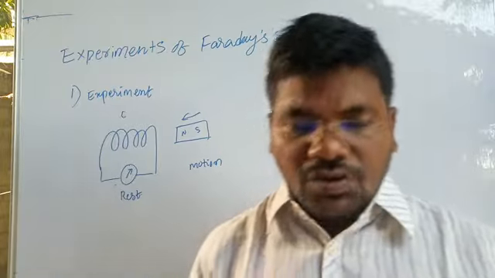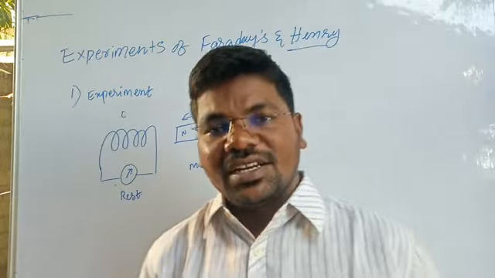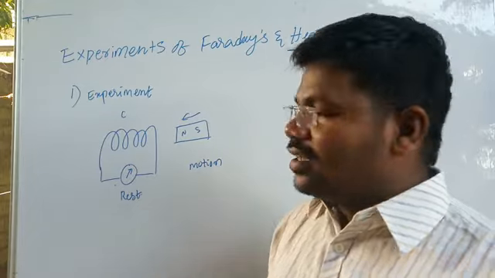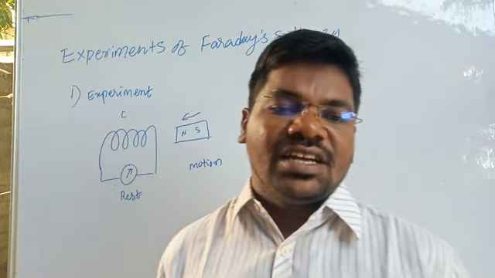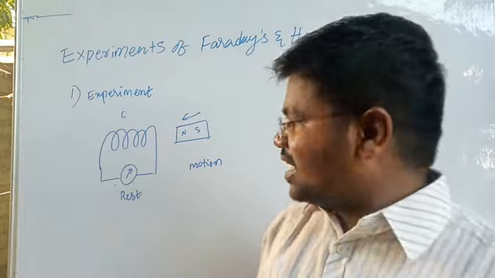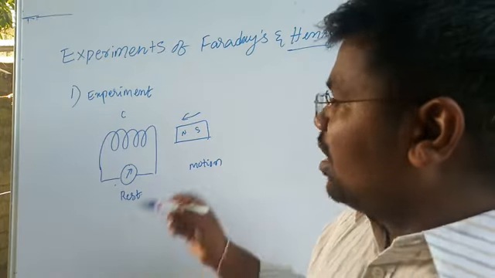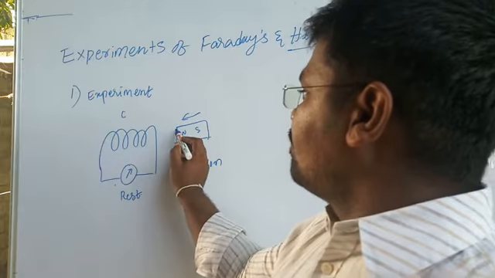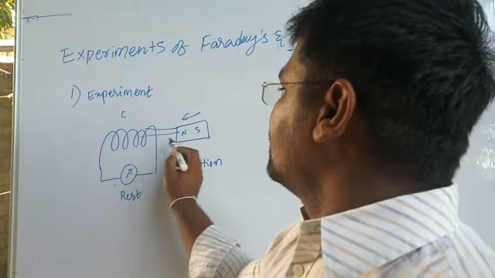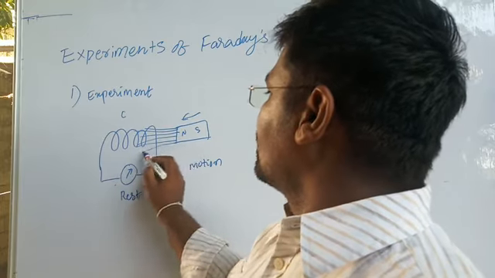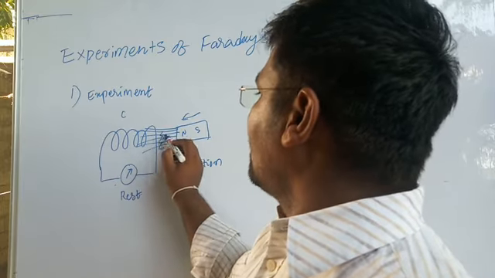Okay, so we know that according to electromagnetic induction, if the magnet moves towards or away from the coil, a current is generated in the coil. It means the flux due to the magnet produces an induced current in the coil.